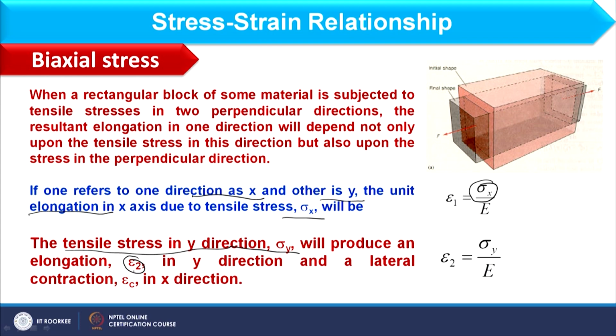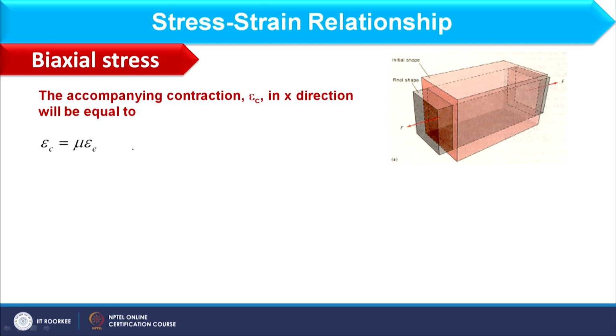That would be the elongation, and due to this sigma y we have contraction in the x direction. We can define the elongation in the y direction, epsilon 2, as equal to sigma y by E. Along with this we have contraction in the x direction, which we define as epsilon c, and that is equal to mu, Poisson's ratio, into epsilon e.